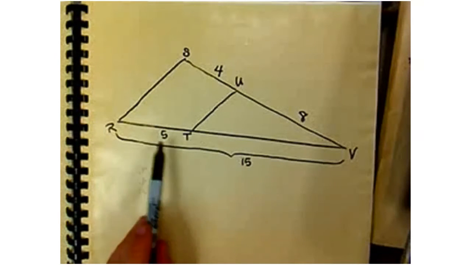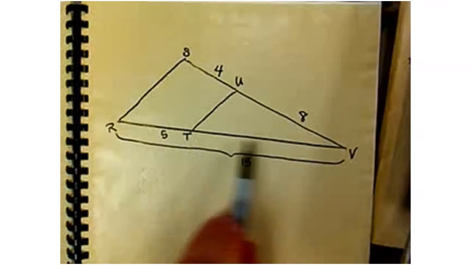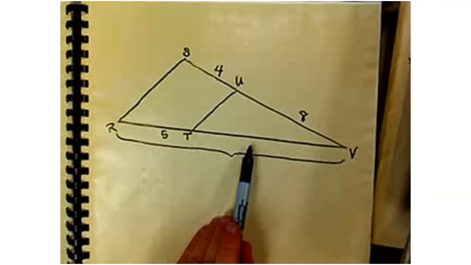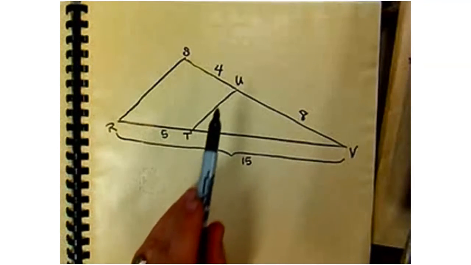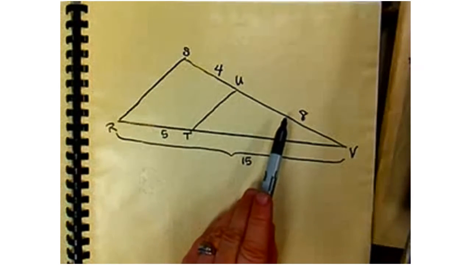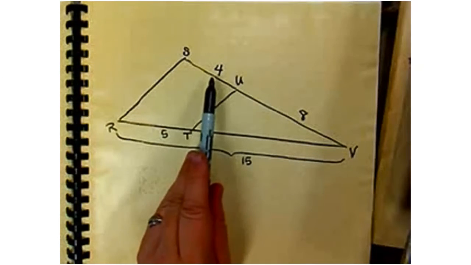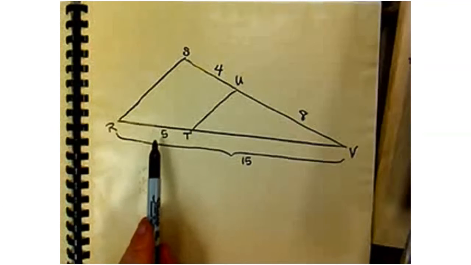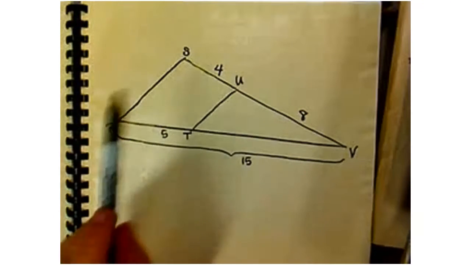So with some basic subtraction, 15 minus 5, T to V is 10. So 5 to 10, if I simplify that, is 1/2. If I simplify 4 to 8, that's 1/2. If I decided to compare it backwards, 8 to 4 and 10 to 5, 2 over 1 is the same as 2 over 1. That's one way we could prove it.